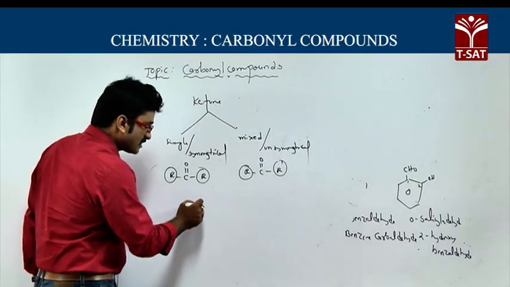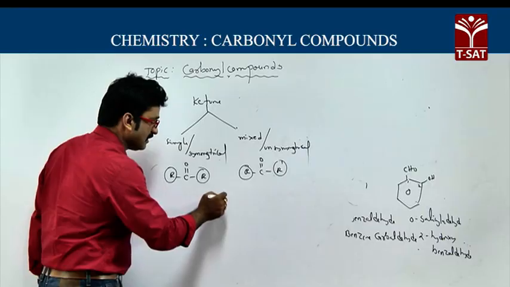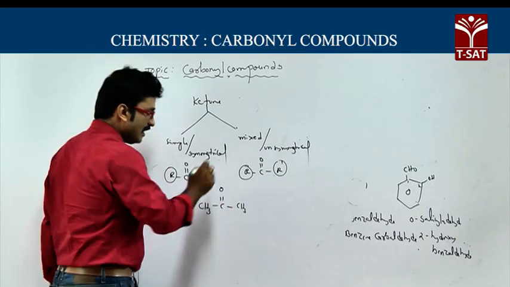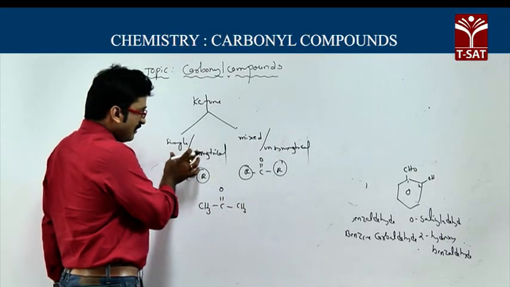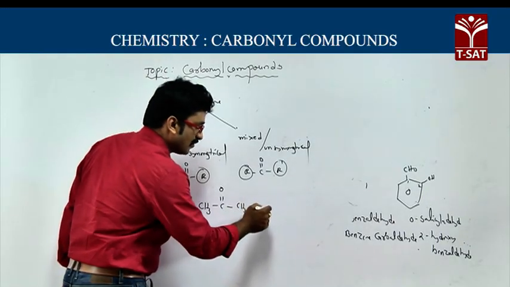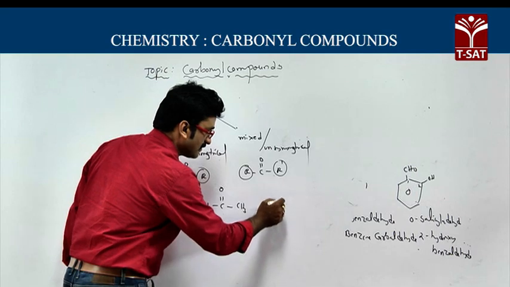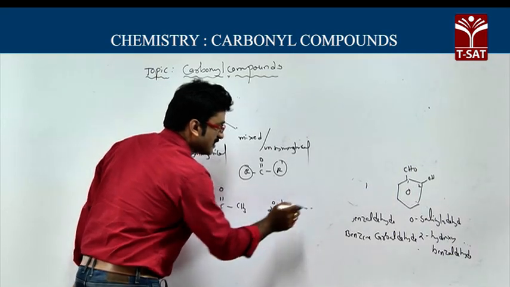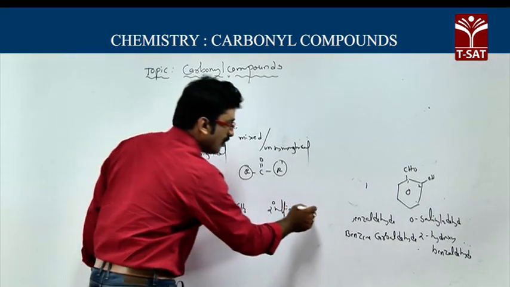You know that the first member of ketones is CH3 C double bond O CH3. Whenever the ketone is considered as a principal functional group, you have to use a secondary suffix, and the secondary suffix of ketone is one.